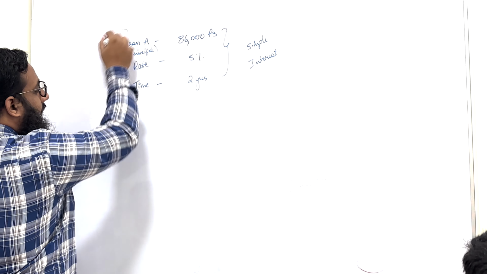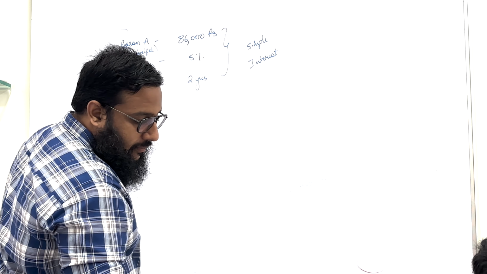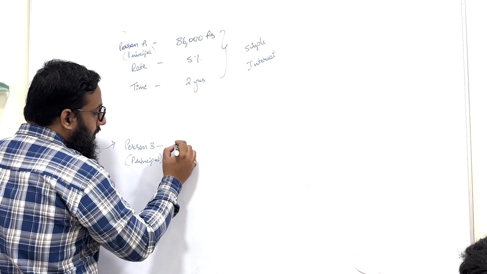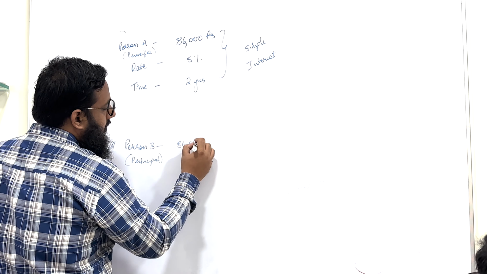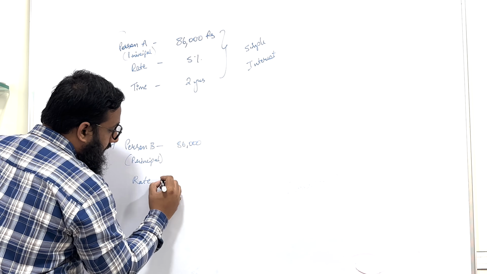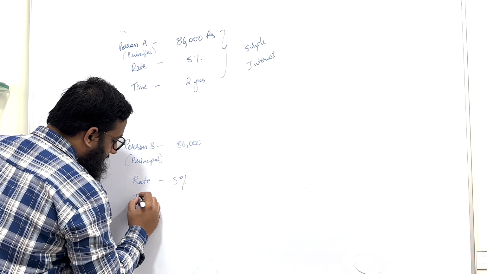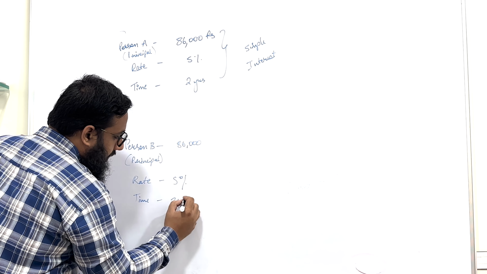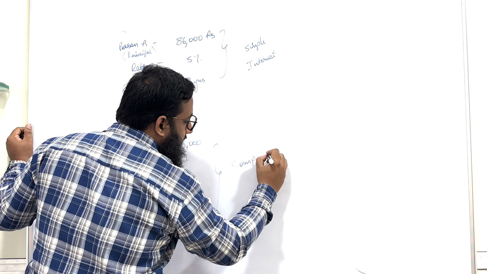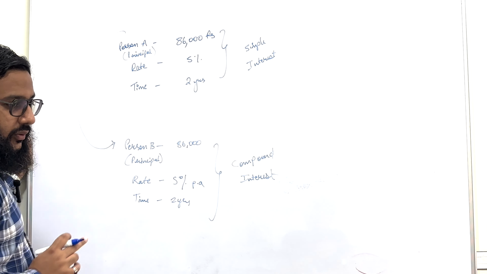Now person A has given this amount to person B. For person B the principal is the same 86,000, and the rate and time are also the same: rate is 5% and time is 2 years. But this is compound interest, 5% per annum annually.